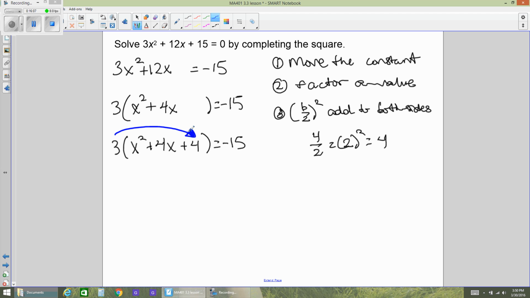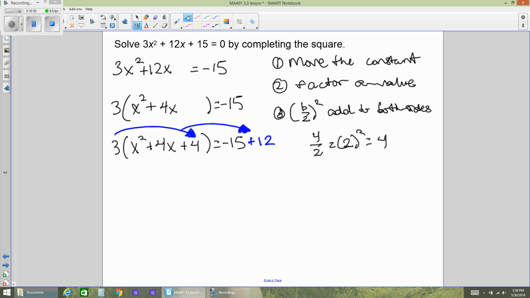So what you actually add over here is 12. I know, that's different than what we did on the last one. That's because on the last one we didn't have to factor out an a value. Think about what's happening. When you add 4 to the left side, you're actually adding the 3 times the 4. That's 12. So to the right side, you need to add the accurate number. That's 12.